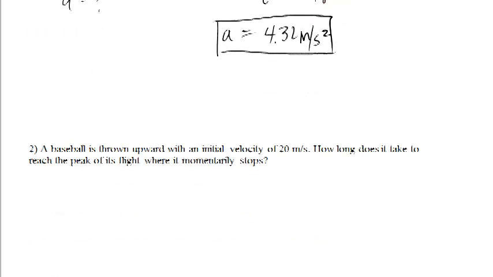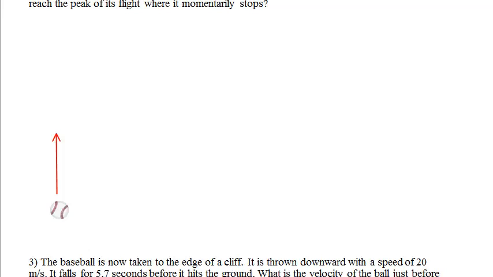Okay. Number 2, we have a baseball thrown upward with an initial velocity of 20 meters per second. How long does it take to reach the peak of its flight where it momentarily stops?